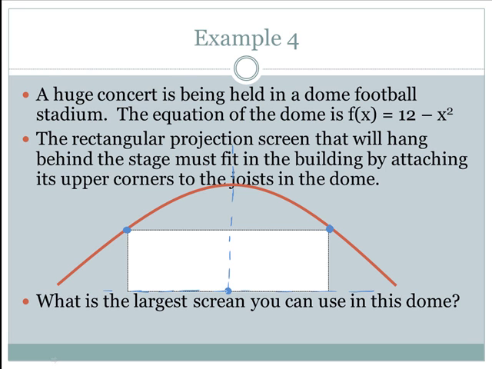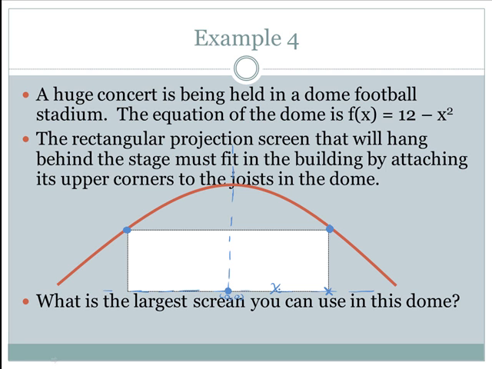And so we need to figure out then what the area of our screen is, but we need some dimensions on our screen. Well, first of all, if this is our 0, 0, then the distance from here to the little x is actually x units.